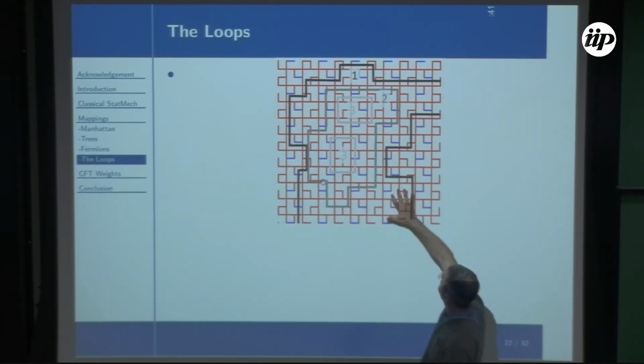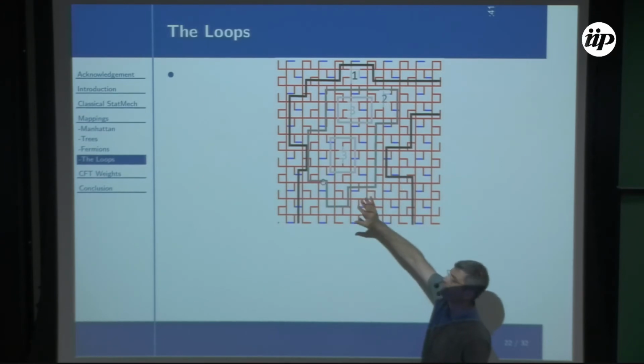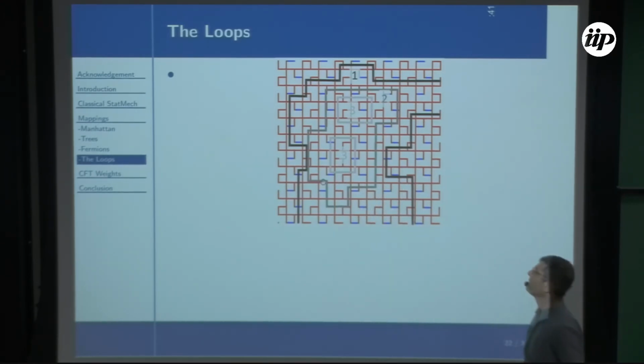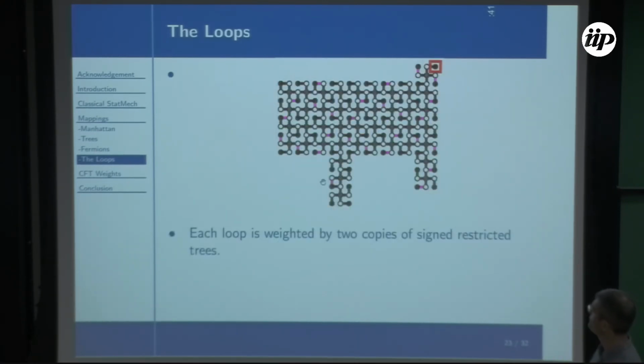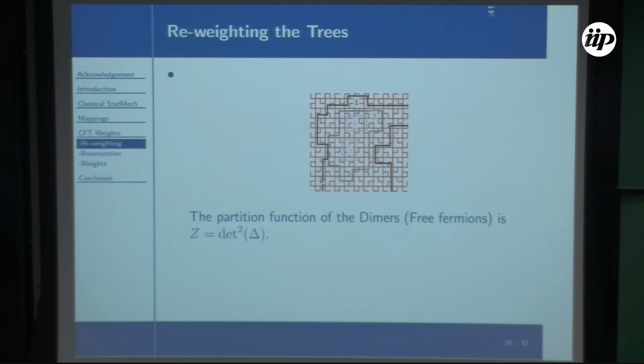Another way to say it is there's a partition function associated with this loop, which is given by some CFT partition function associated with the particular dimers living within the sites. And we can ask how to understand this partition function better. The partition function of dimers is basically the determinant of the Laplacian squared. This matrix K is basically related to the Laplacian.